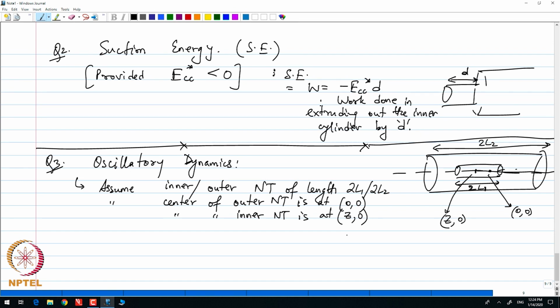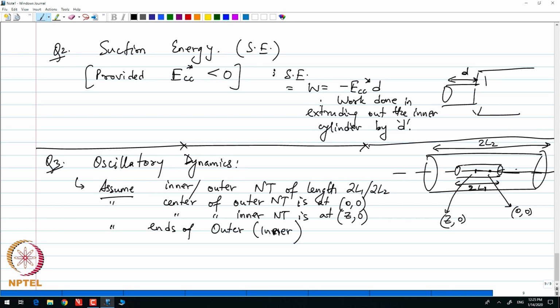Okay. So, further, these are all my assumptions. Also assume the ends of my outer and inner cylinders.